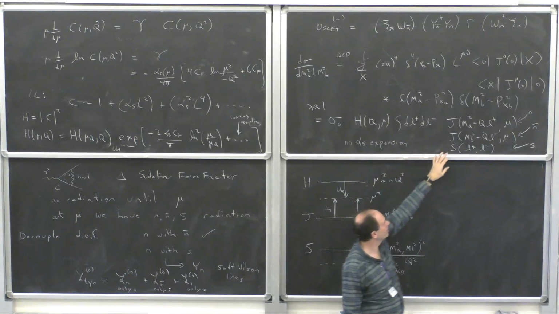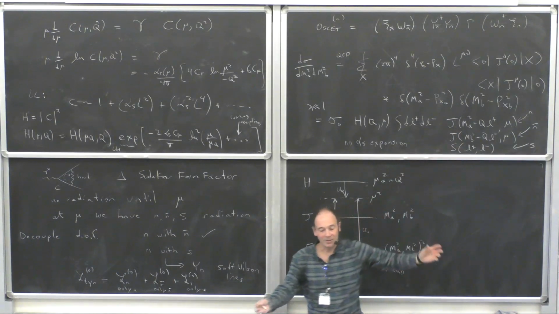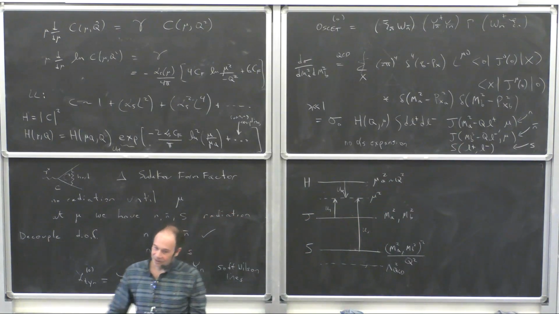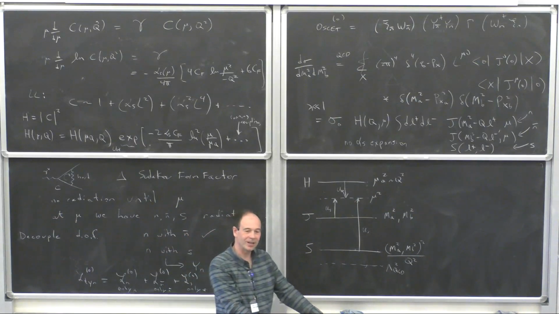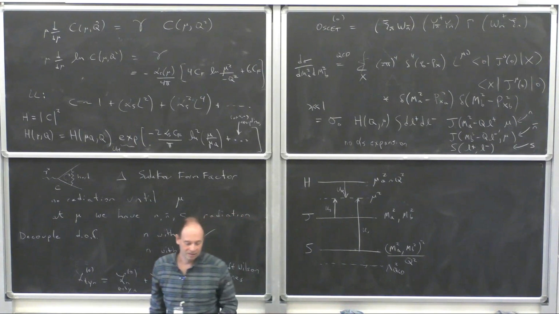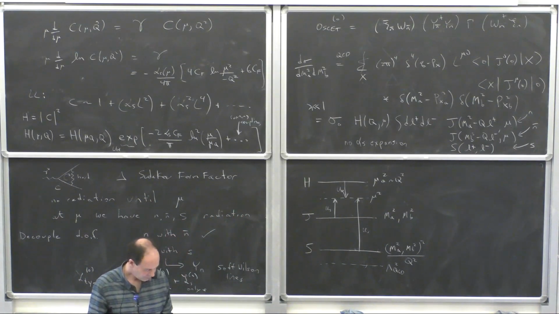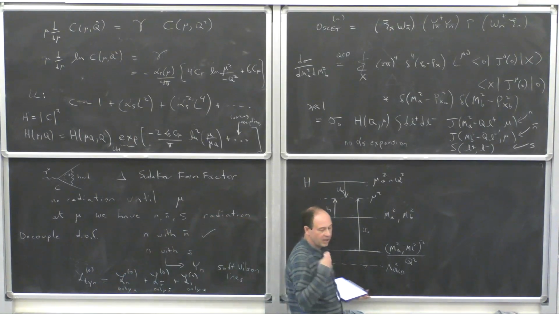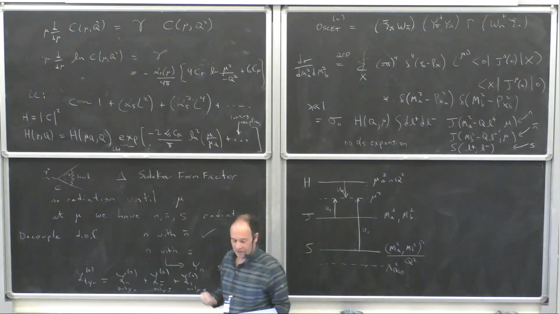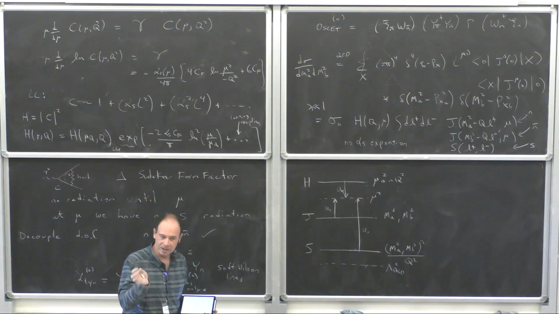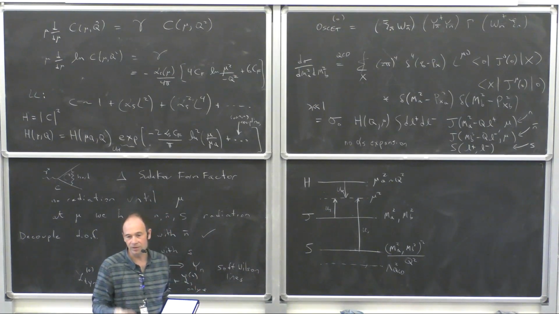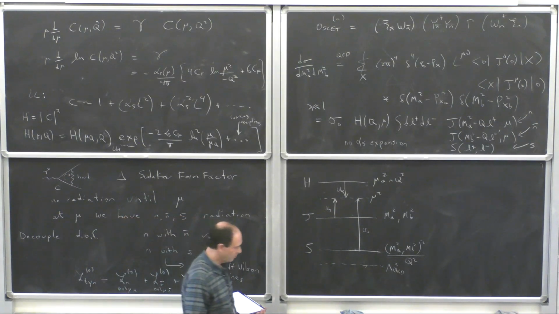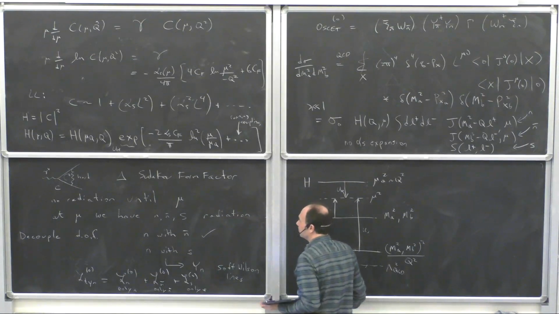If somebody's calculated this thing out to 3 loops, which happens to be the case, then you just stick it into your calculation. You don't have to calculate it again. So just like a parton distribution function is universal, here some perturbative objects, because of this factorization, are universal. And that makes things powerful because you can get further.